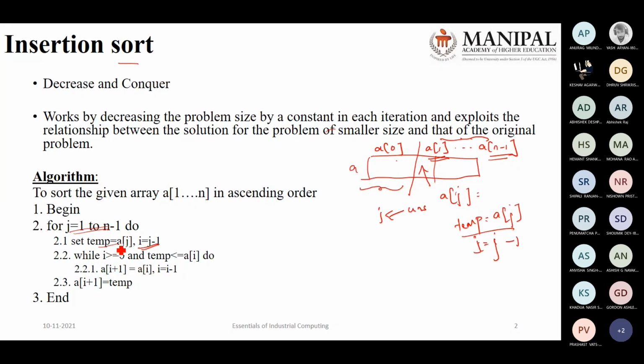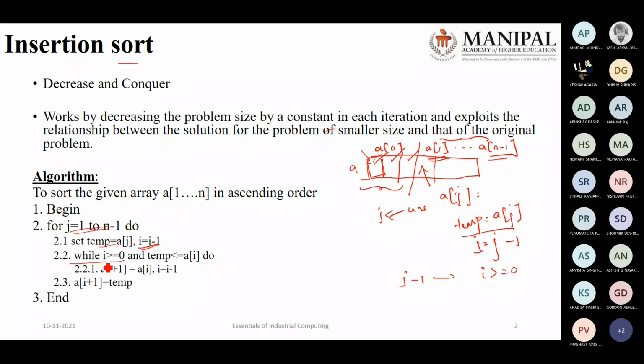After doing this, you run the while loop while I is greater than or equal to 0. You start from J minus 1, till I is greater than or equal to 0. That is, you consider J minus 1, you compare with this. Next, you decrement, you compare with this. And then you compare with the first element of the array, and then you terminate the loop.